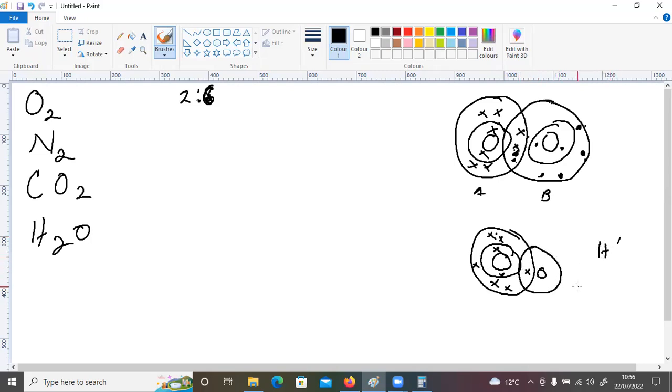Hydrogen is atomic number 1, so it has only 1 electron, which is that one there. And the same with this one on the other side, it has only 1 electron right there. That becomes your water molecule, because that is hydrogen and the oxygen there. So for this element, you can see now the structure, how it is looking.